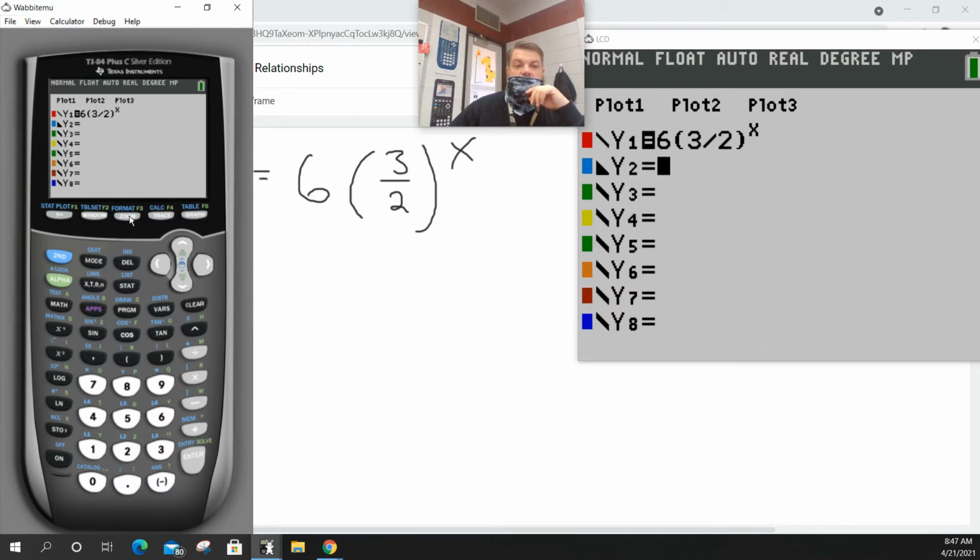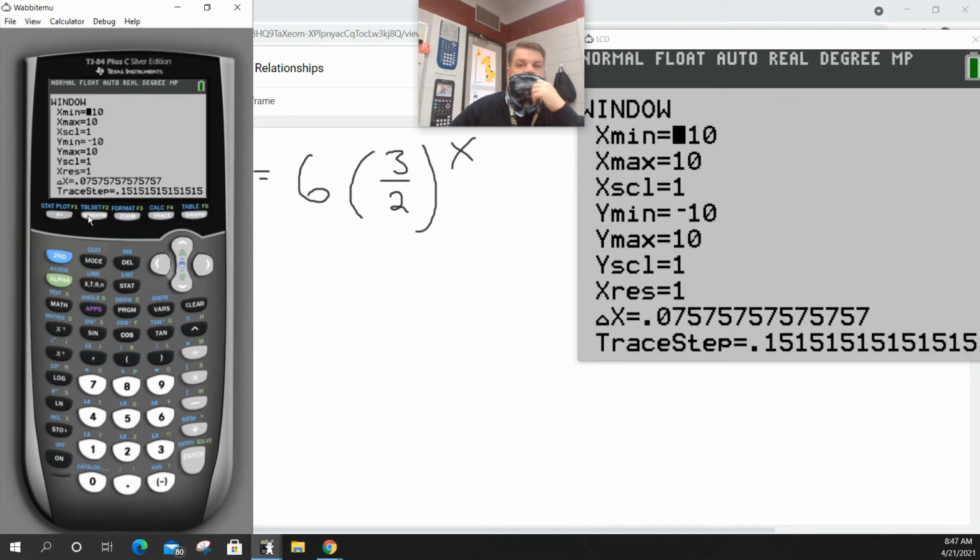I'm going to change the window. So follow along with me. Hit window. And I'll wait till you get to this screen. Let's go from -4 in the x direction to +4.